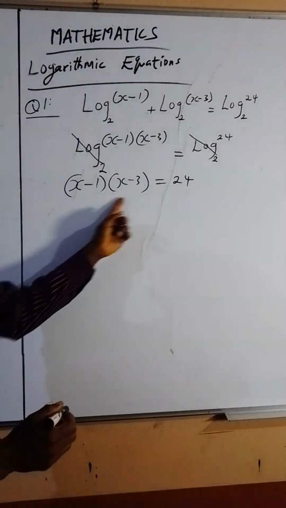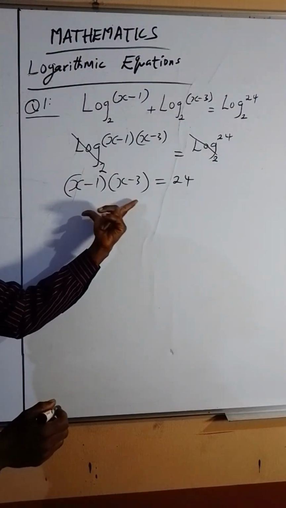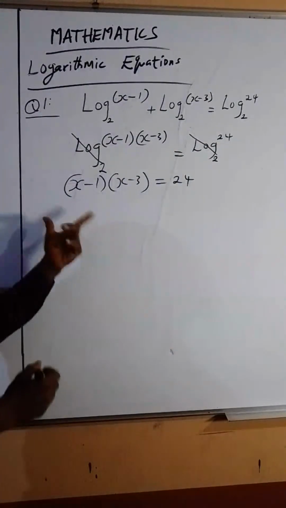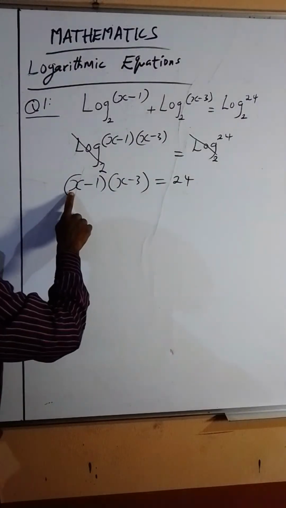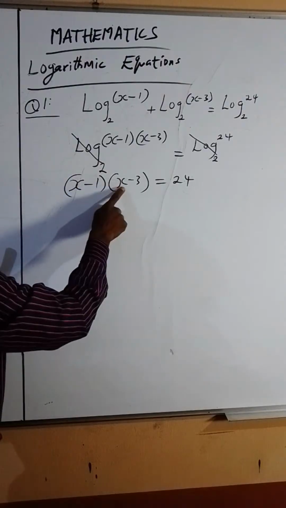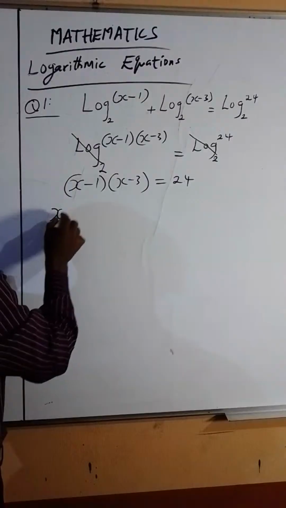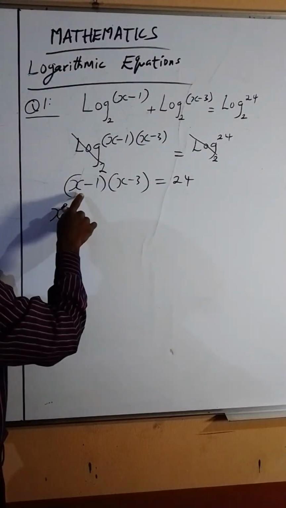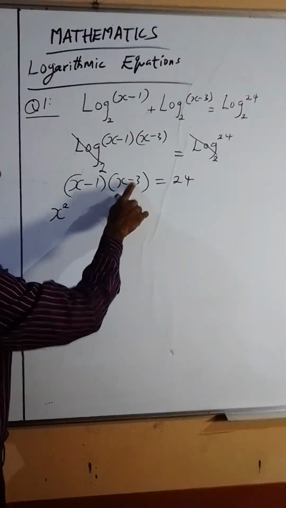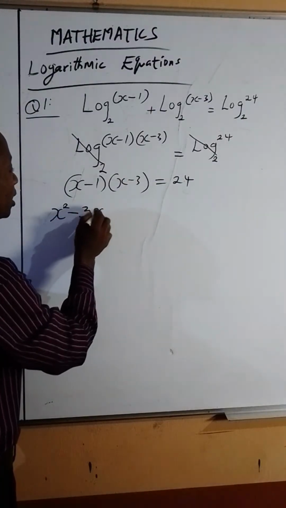Then we can simply do well by expanding. How do we expand this? We multiply x by x, we get x squared. Then x times minus 3 is minus 3x.